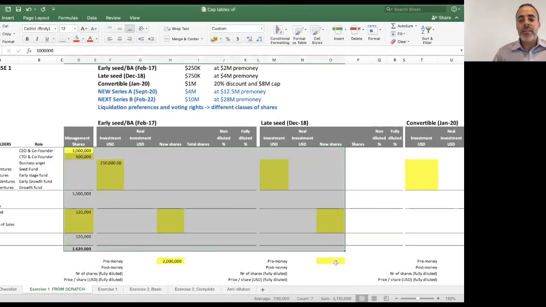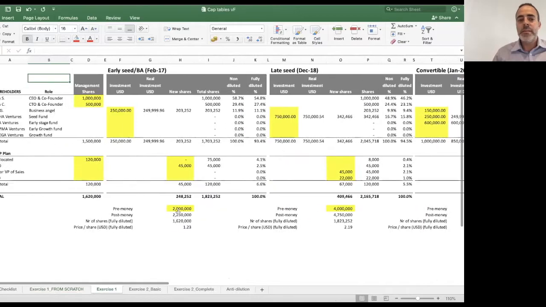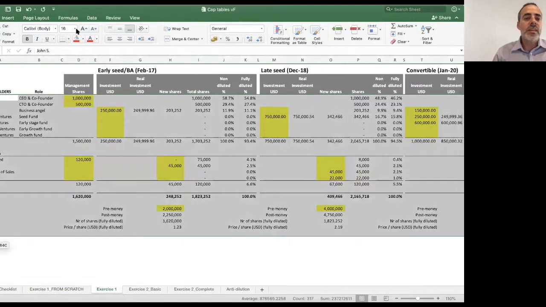If you don't do that, imagine, this is the cap table already done. If you don't use any color coding, there's no way to know what's an input, what's an output, what's manually entered. And if you change something, you don't know if you're screwing up the formula or not, and that can have devastating consequences, because a few months down the road you may have been calculating the share number wrongly without realizing, and that deviation may cost you nicely, right?